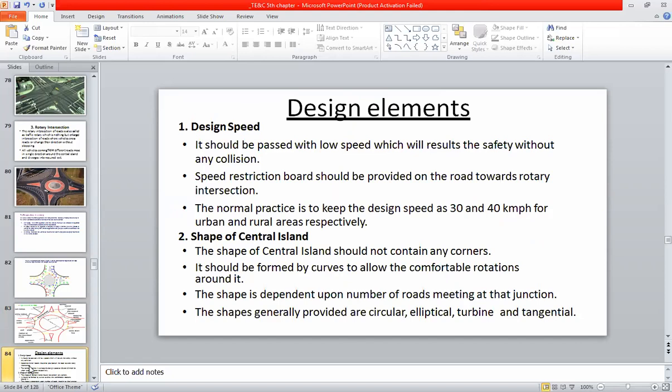Speaking about the shape of the central island, it should not contain any corners, and the normal shapes are circular, elliptical, turbine, and tangential, right?